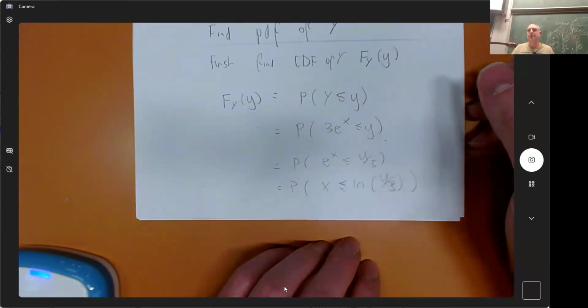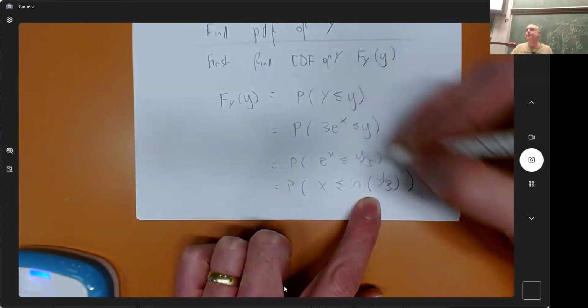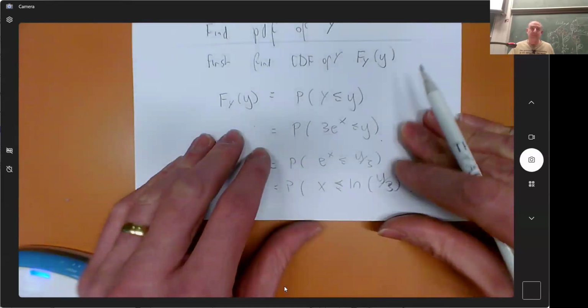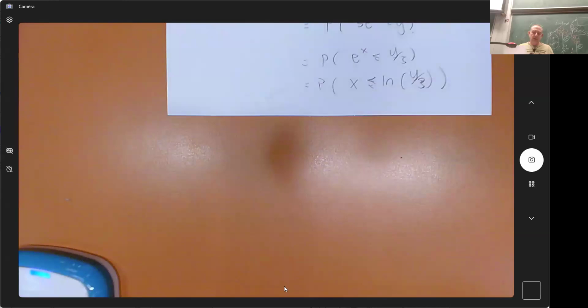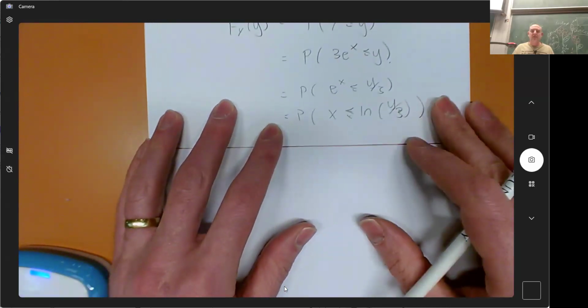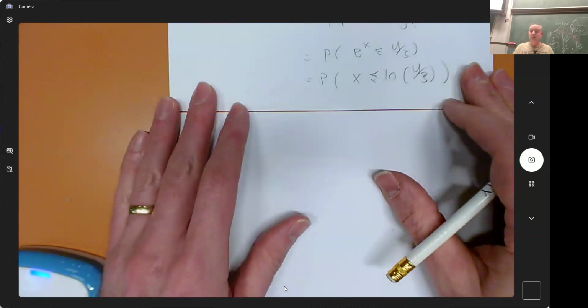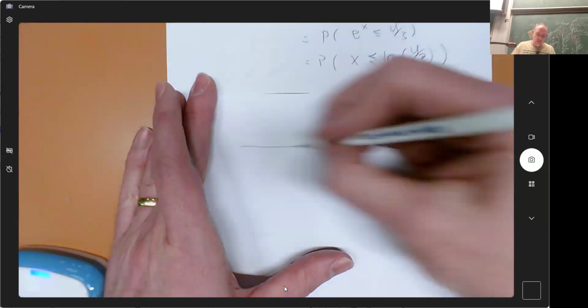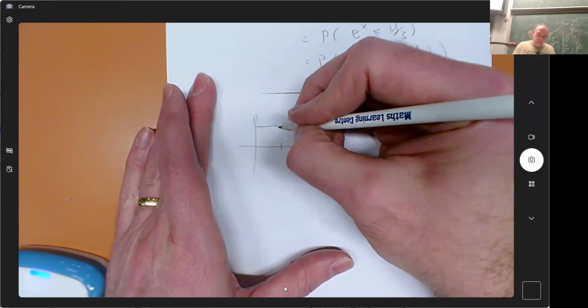You may note that the thing that I just did was to find the inverse of this function. And the probability that X is less than or equal to a number comes from the uniform distribution, because X is from a uniform distribution. So here is the uniform distribution from 0 to 1.